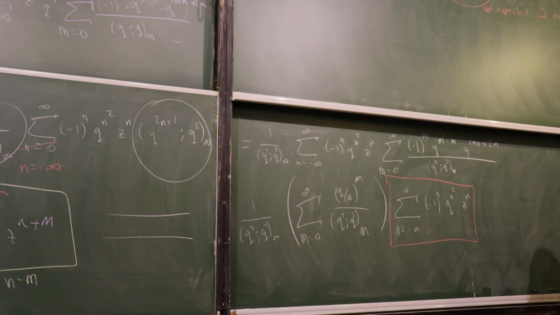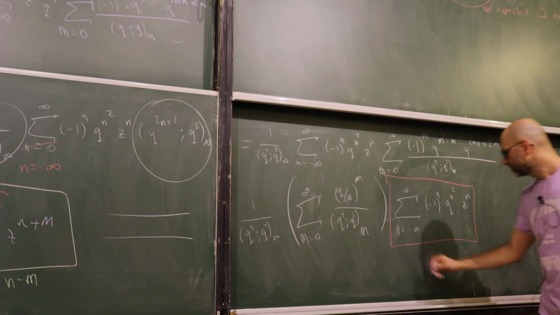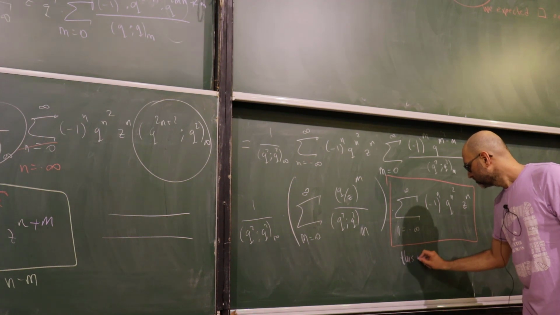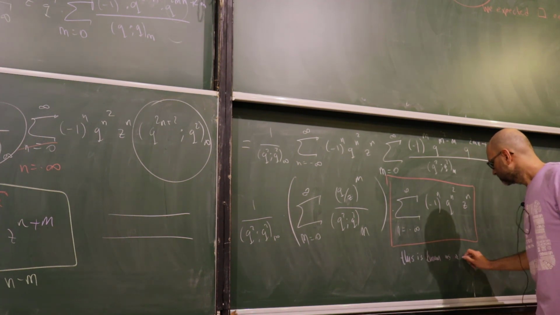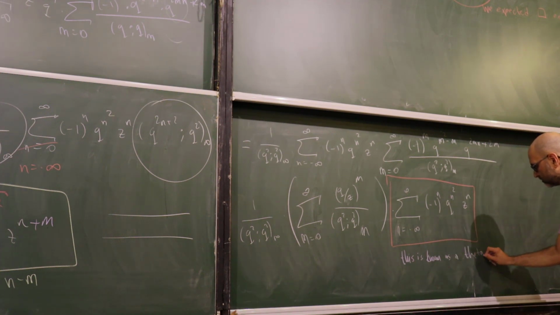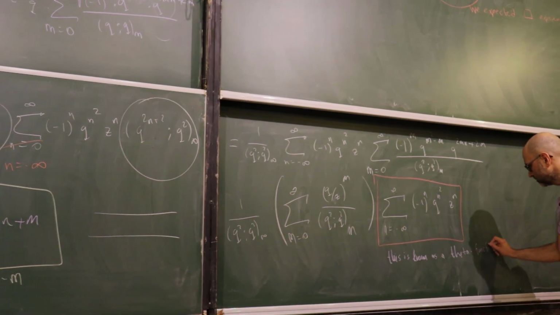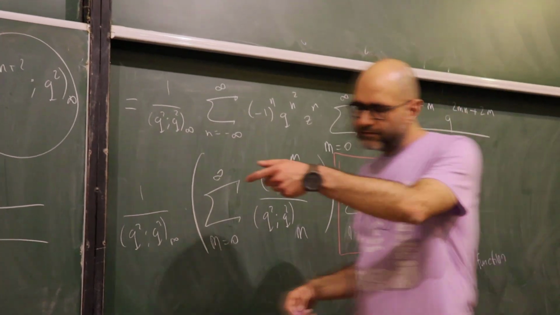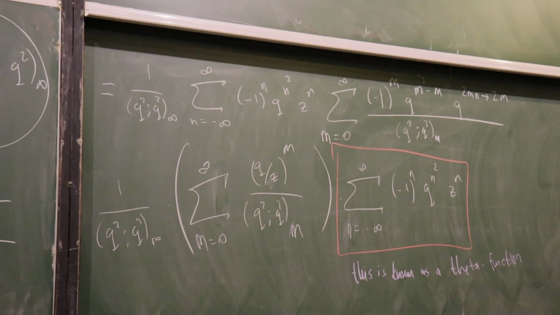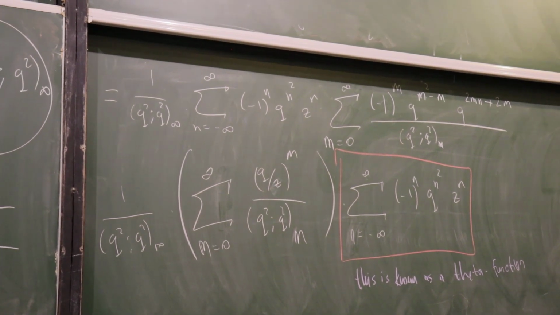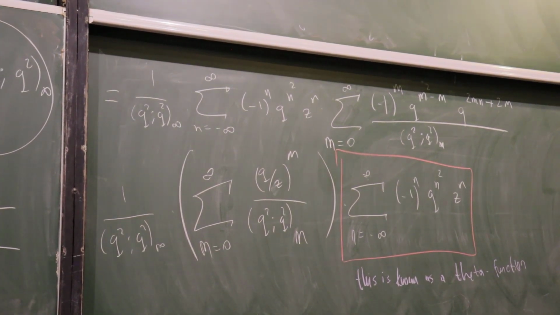This is known as a theta function. Basically, if you have an arithmetic progression in the exponents, you have a geometric series. If you have a quadratic progression in the exponents, that's a theta function.